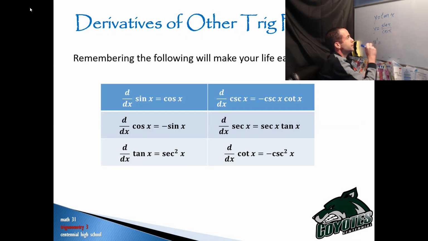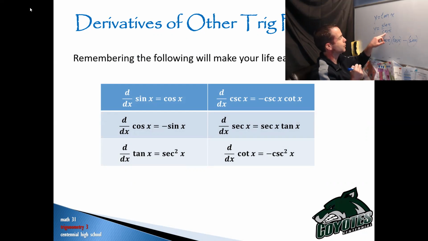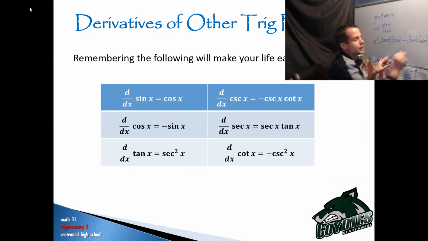So the derivative of sine, that's my f, derivative of f, sine is cosine, times g, minus f times the derivative of g. Well, the derivative of g, the derivative of cos, is negative sine. Okay, and then all of that's over g squared. So it would look like that right now.